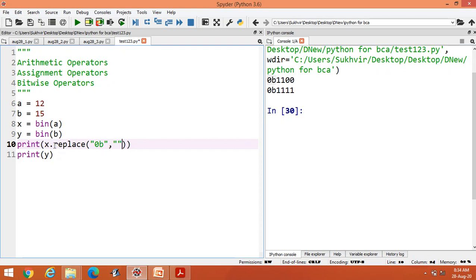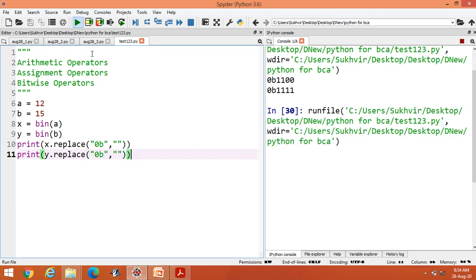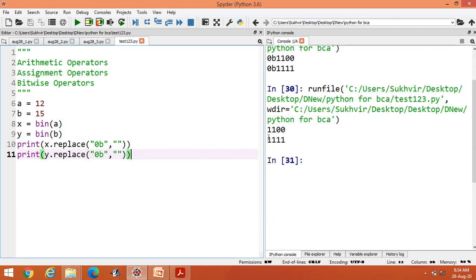Similarly, you can write it for y. Now execute the program. Check here. You can see only the binary value without 0b. 0b basically represents that the number is binary. 1100 and 1111. It's 12 and this value is 15.